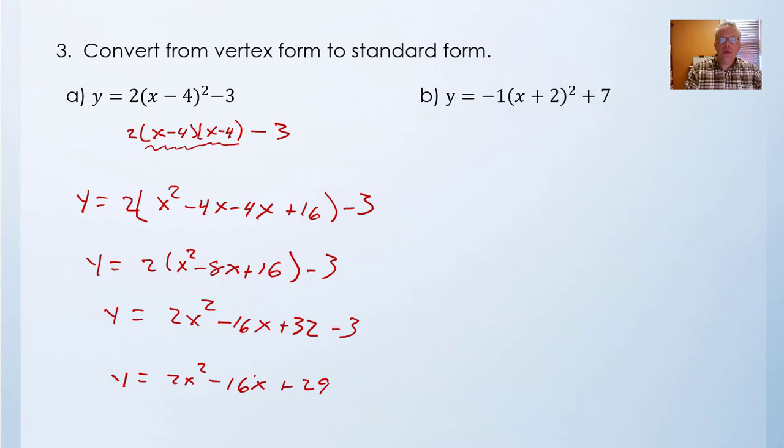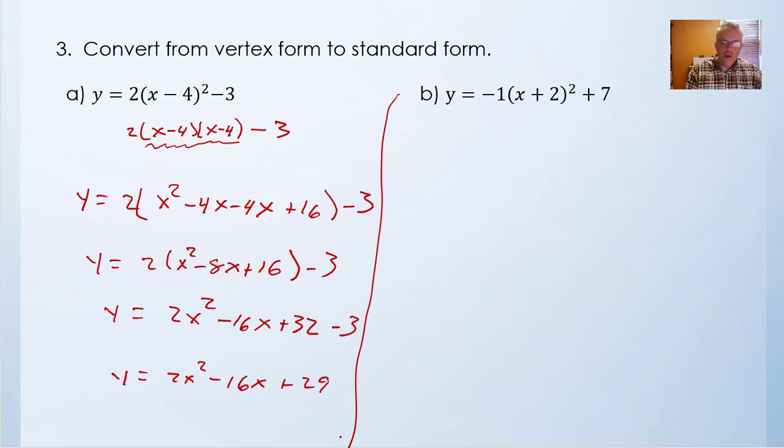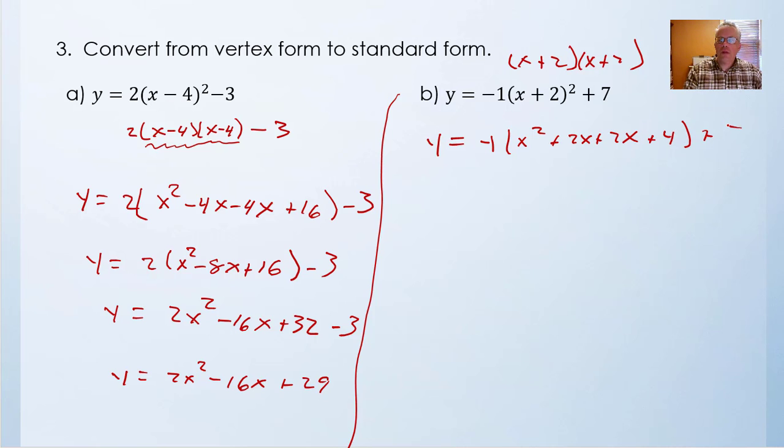All right. So a lot of algebra, but this is really good algebra to review. All right. This last example here. So we have y equals negative 1. I've got to remember x plus 2 squared is x plus 2 times x plus 2. So that's going to be x squared plus 2x plus 2x plus 4, plus 7.